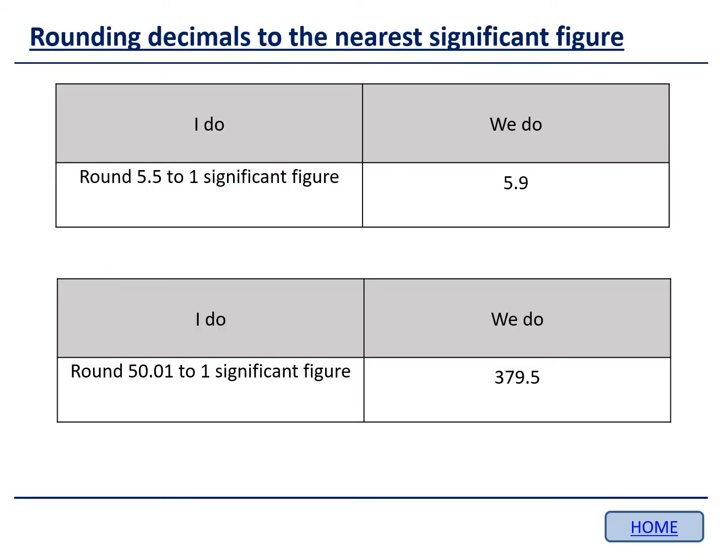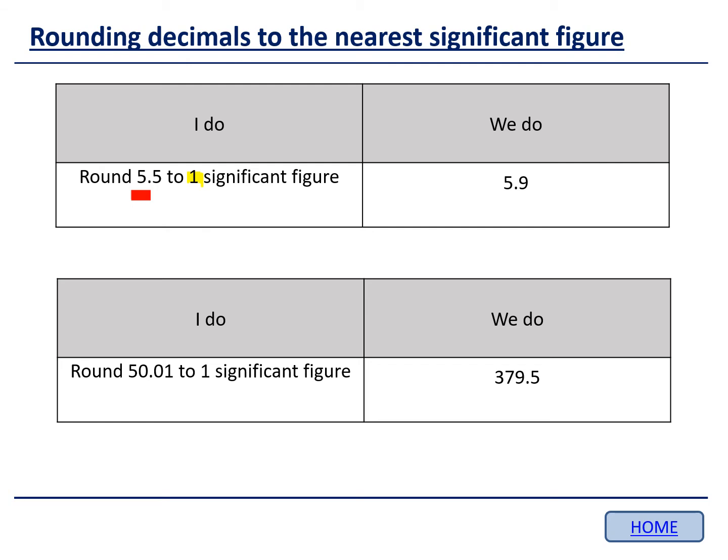Okay, so let the fun begin. Here we have the first I do. The first thing I need to think about, and which you've already been doing, is, it's asking me for 1 significant figure. So I know that I need to be looking at this value here.